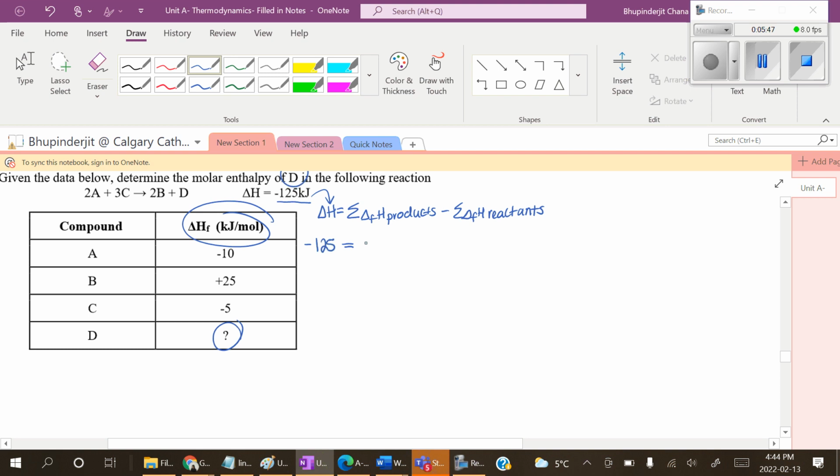So we're going to set it up like this. Delta H, so the sum means to add. I'm going to do all the products in green.